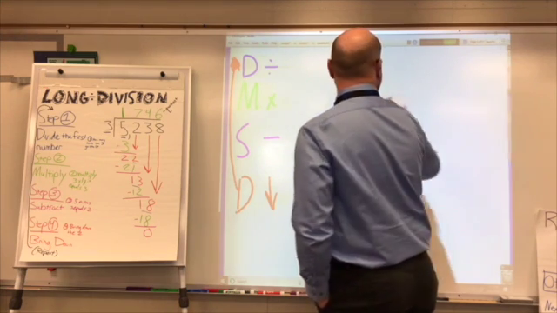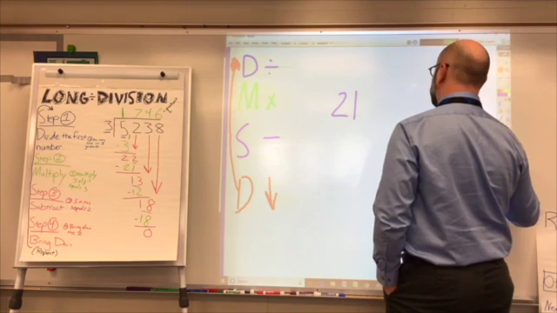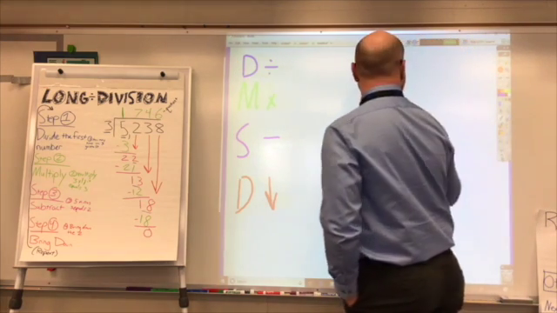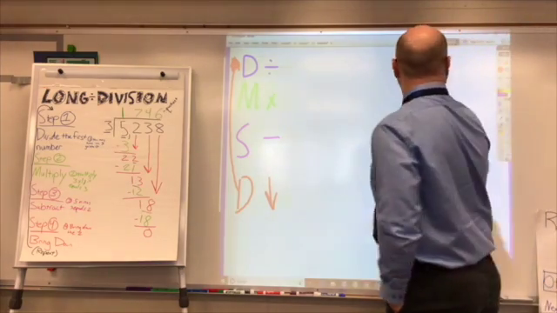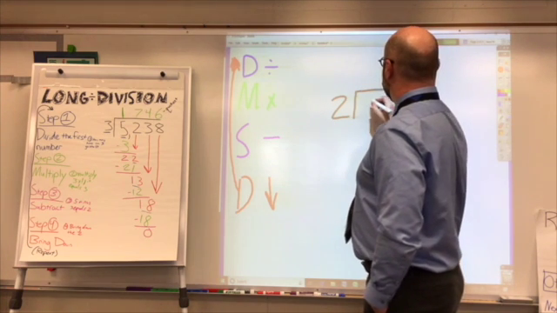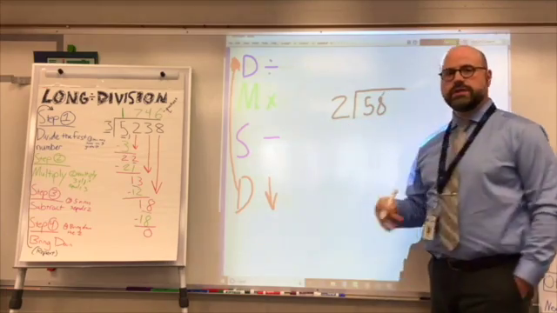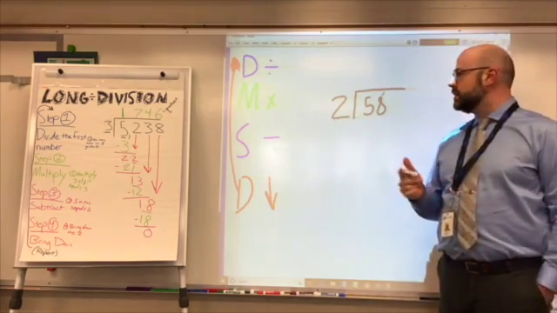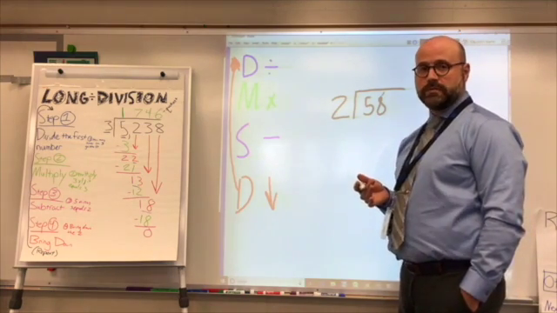2. Oh, my arrow erased. If you are dividing a number by 2, I want to tell you guys something. You are just splitting that number in half. So if you are dividing an even number by 2, you will never have a remainder. For instance, 58. 8 is an even number, right?